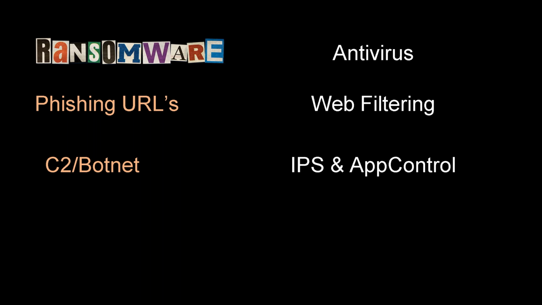But typically, you have a C2 or command and control server with ransomware, and there's a couple of reasons for this, but the main reason is this. WannaCry did not have a C2, so it had to use a common encryption key across everything that it infected.